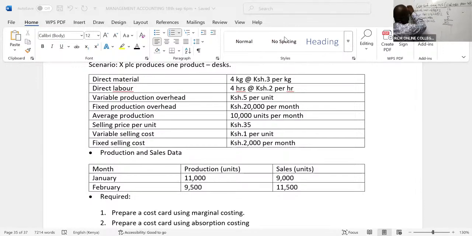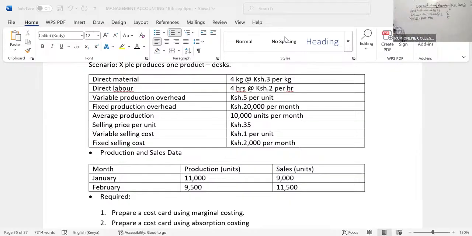So number 2, I'm doing a cost card this time round using what we call absorption. Remember, your examiner at times will use different words. Instead of using absorption, your examiner can easily use full costing. Remember, under full costing, we shall consider variable production cost and the fixed production cost.